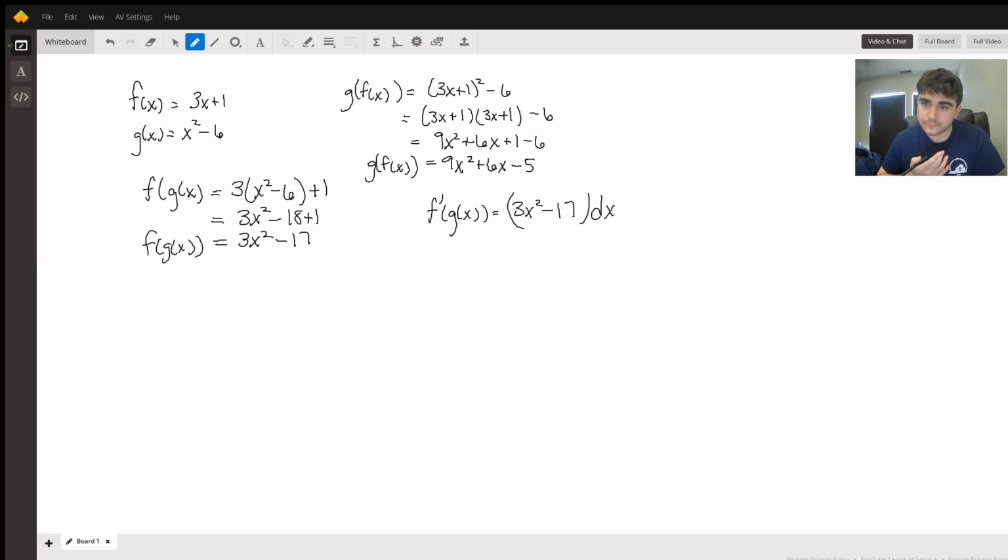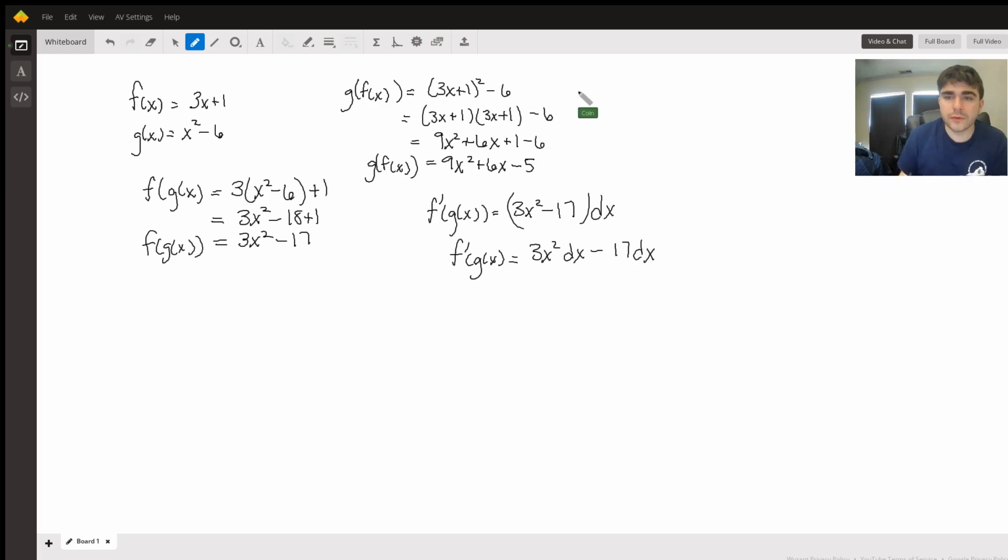So this is one way of doing it. However, we can simplify this and split it up. So that's the derivative of f of g of x is equal to the derivative of 3x squared dx minus 17 dx.